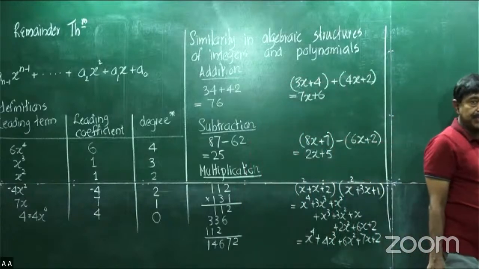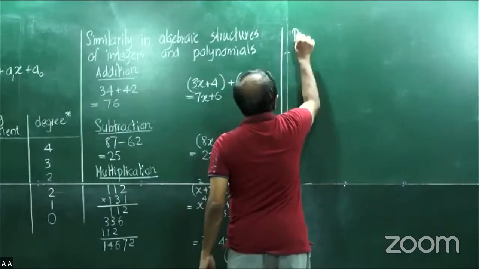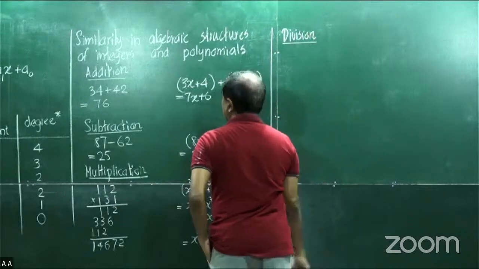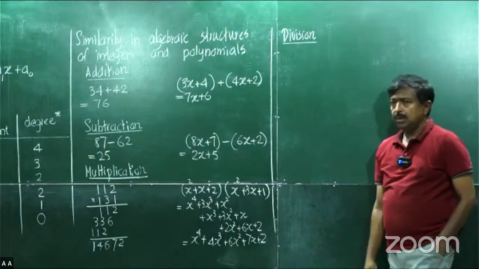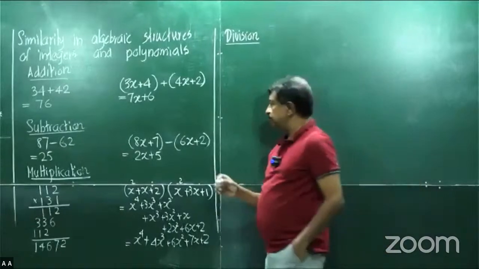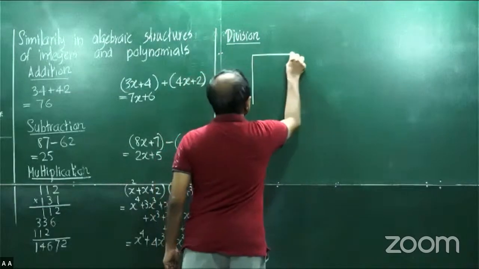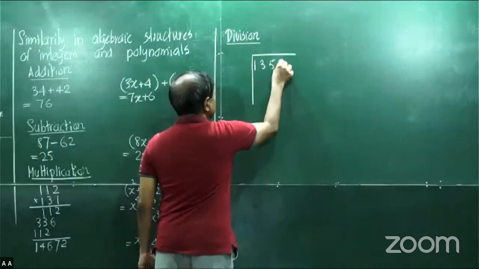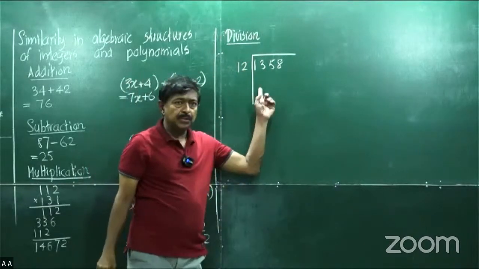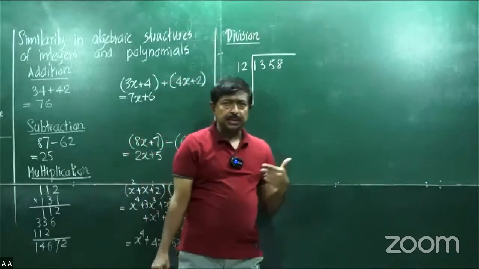Now the last one, which is division. So in this case, we take this particular example. What we do is you perform the division, but let me do it like this.